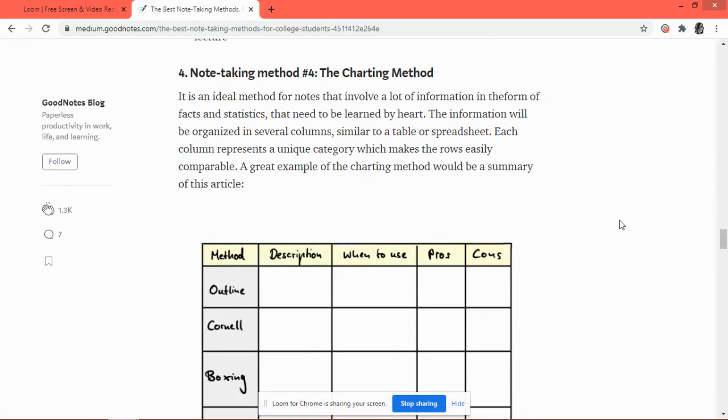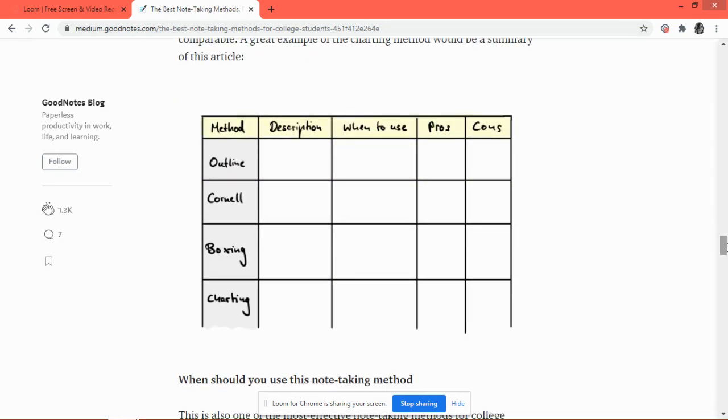Number 4, the charting method. I've never used this method. It looks way too organized for me, but I do understand it. So you just want to make sure that for each idea over here you give a description, when it happened, when you use it, and the pros and cons of that issue.